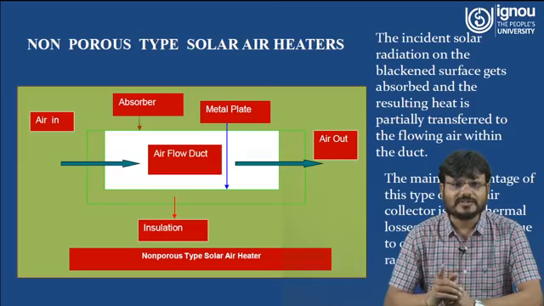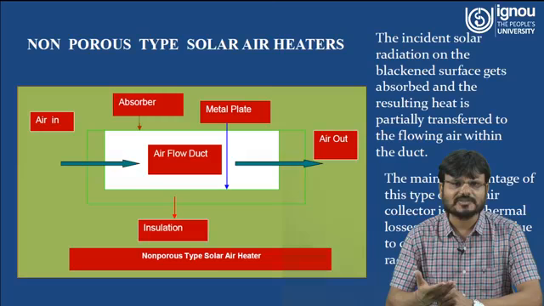As air goes inside the duct, it comes in contact with the base of the absorber, and the heat associated with the base of the absorber transfers to the working fluid, that is air. Now you can see that is air out, that means you will get some hot air.